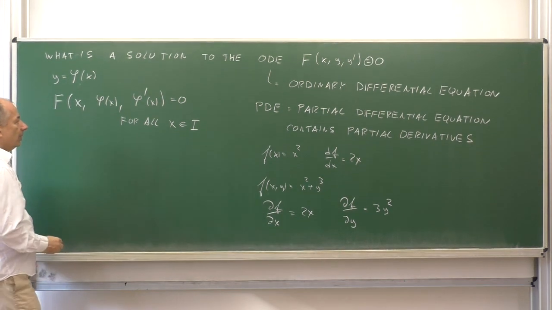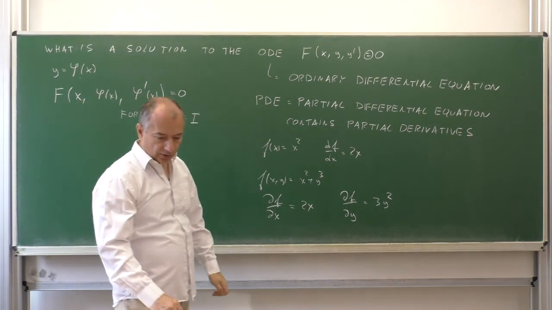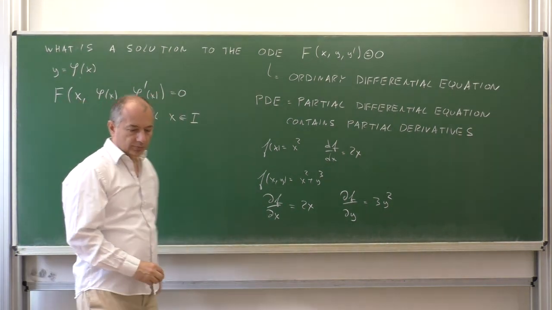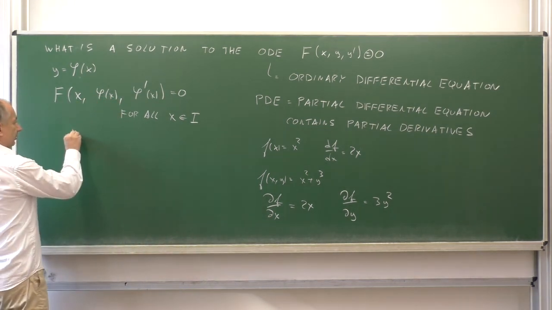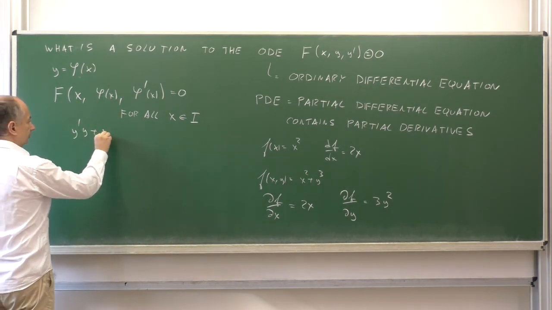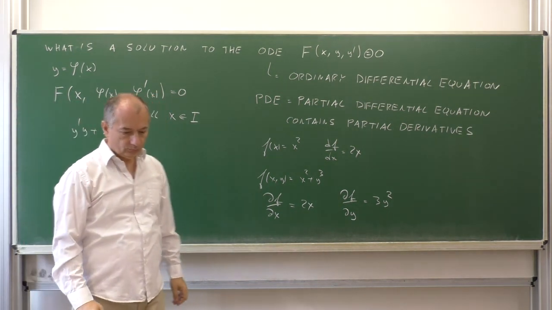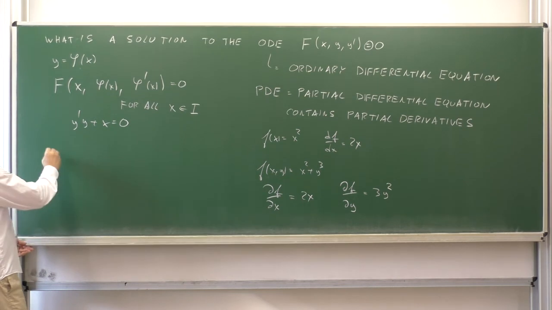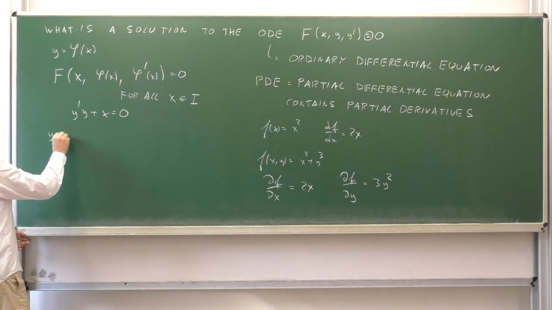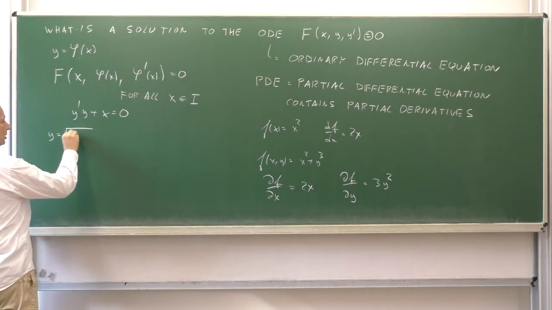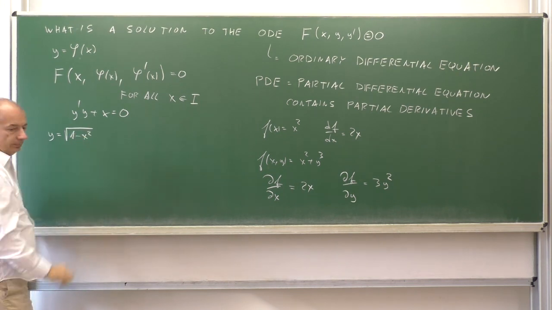An example: consider the differential equation y prime times y plus x is equal to 0, and consider the function y equal to the square root of 1 minus x squared.